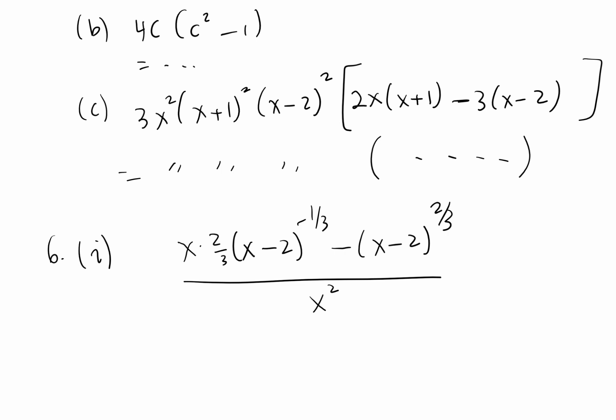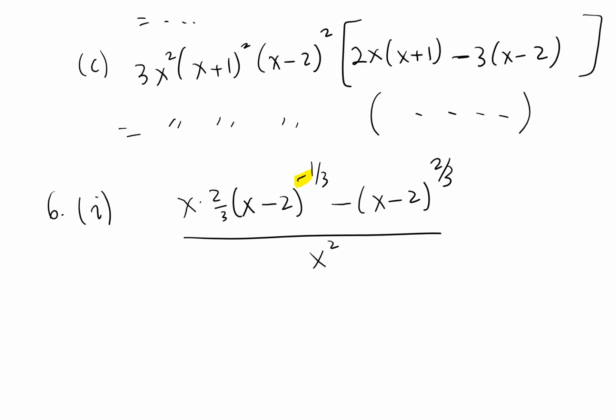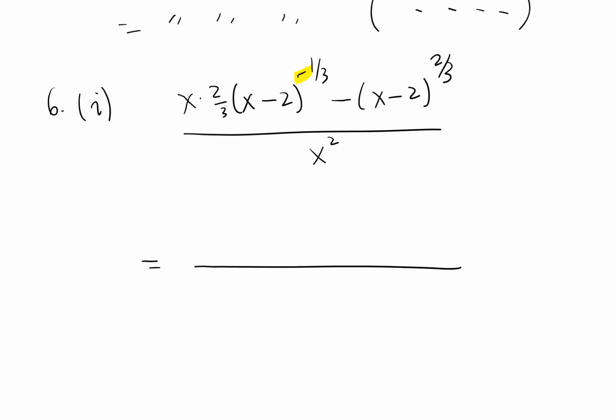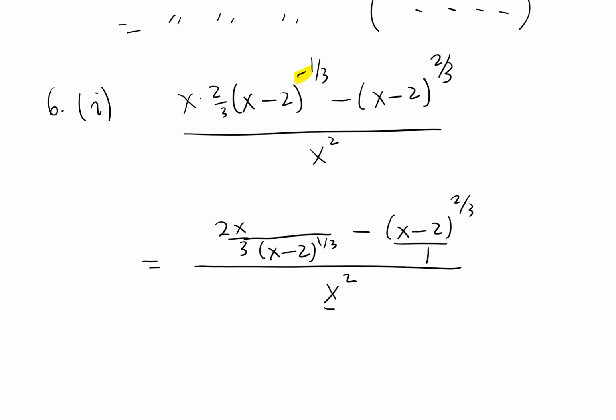The first thing that bothers us here is the negative exponent. What are we going to do with the negative exponent? This is 2x over 3, bring that down, x minus 2 to the 1/3, and keep this the same over 1, and this the same over 1.